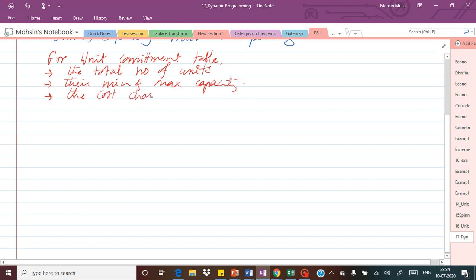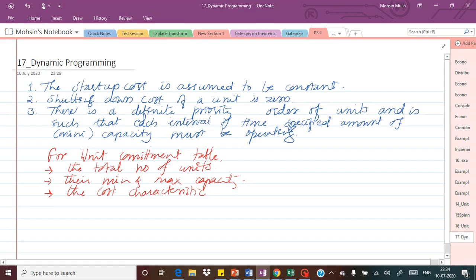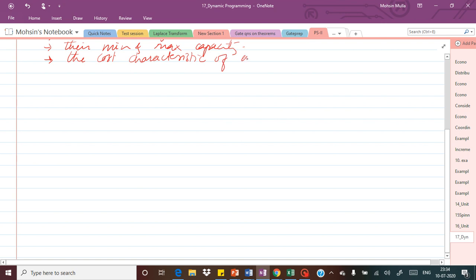That means whatever cost equations there are, the fuel cost equation, should be known for each of the individual units. It is also useful if the fuel consumption is known, so on an hour to hour basis that fuel consumption can also be considered here.